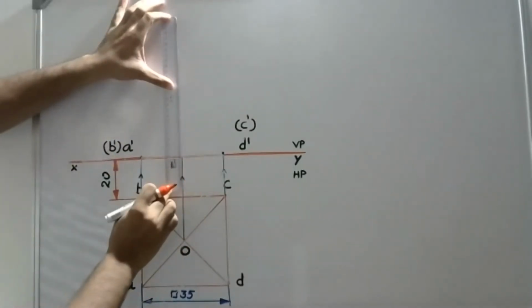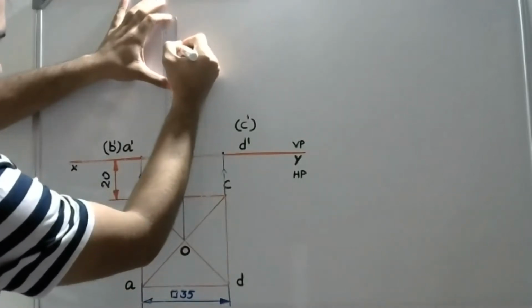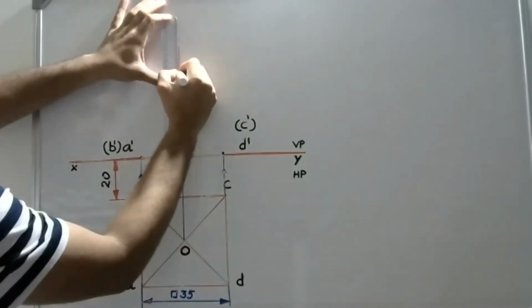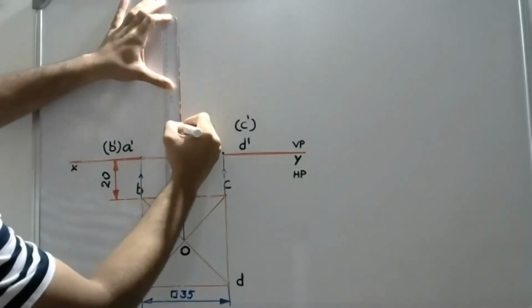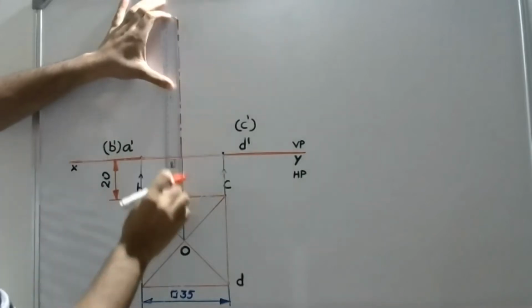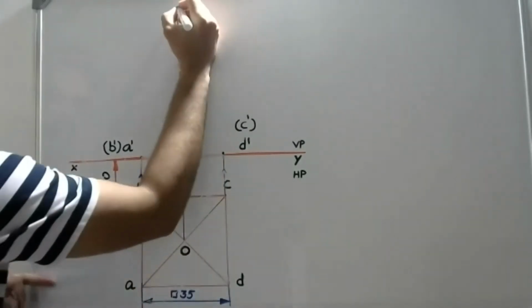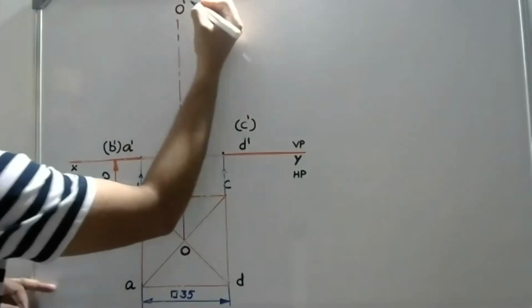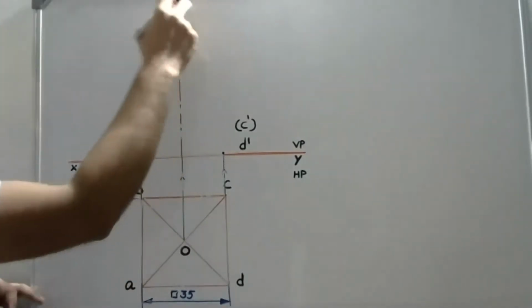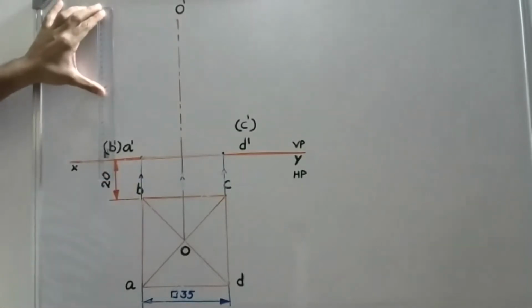So from the meeting point, create the chain line. This is the height of the pyramid. On the top, write O dash. The distance between the XY line and O dash is 60 mm, so you should dimension it.